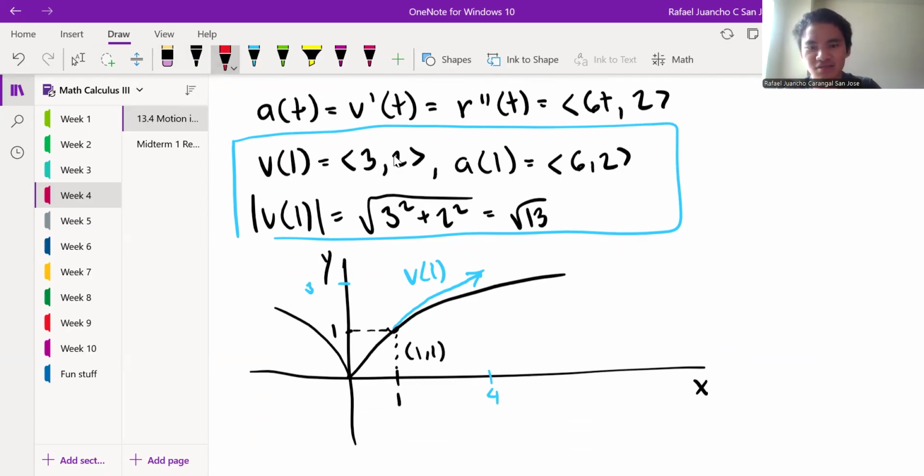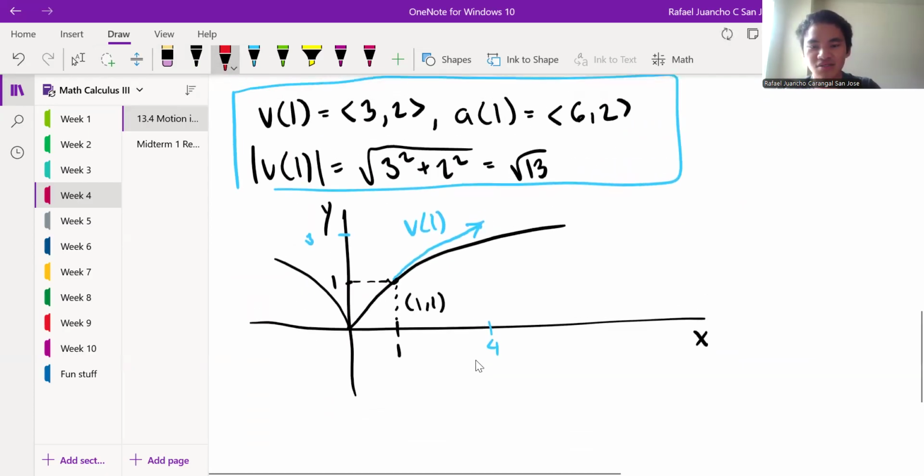And then for my acceleration, it's 6 to the right and 2 up, right? Because here it's just the change in x. So I go positive x 6 times and positive y 2 times. So I do 6 to the right, 2 up. Was this 1 plus 6? So maybe like 7 here.